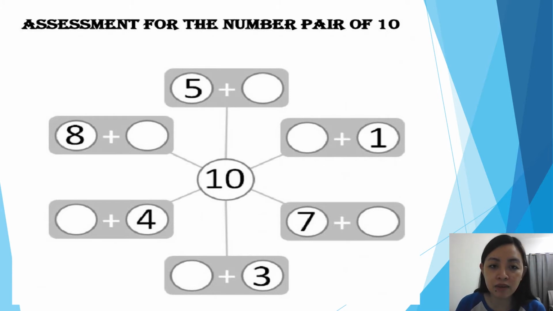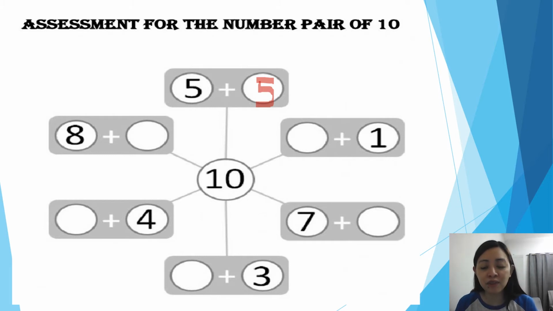So let's have this one. 5. What number should be paired with 5 to have 10? What number, kids? Okay, 5 and 5. Okay.